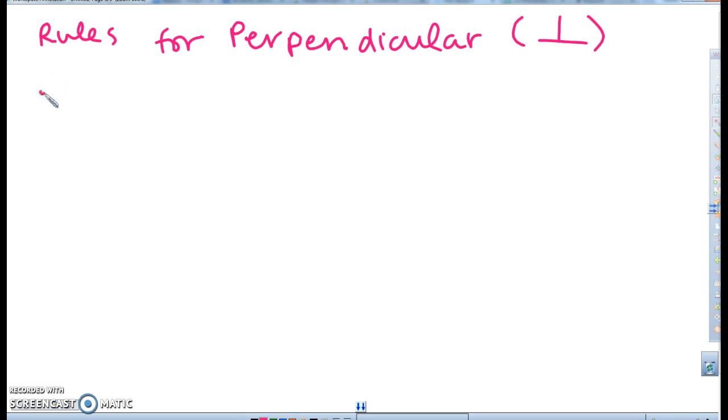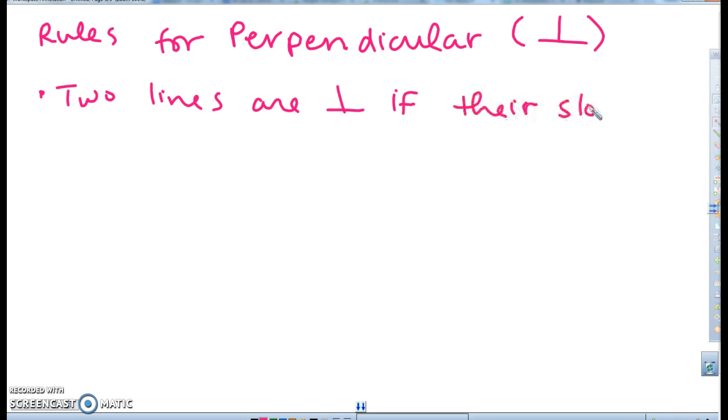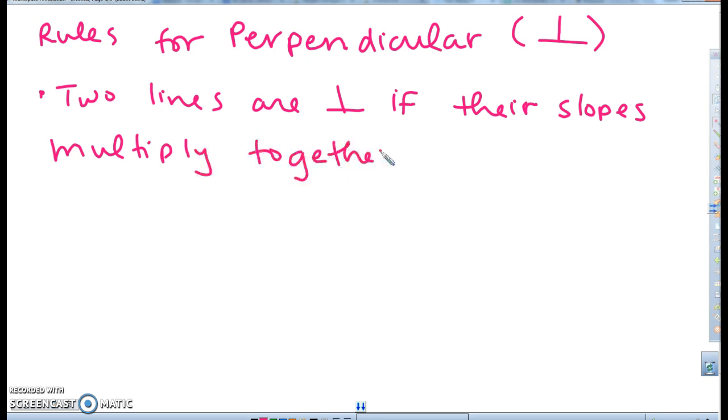And the rule here is that 2 lines are perpendicular if their slopes multiply together to form -1. Okay? So let's look at some examples to see what I actually mean by this.